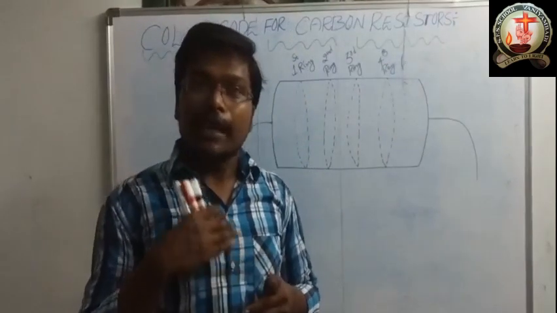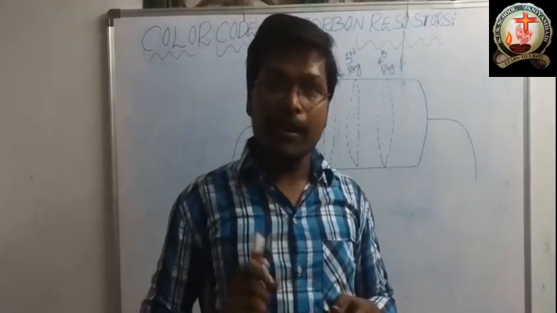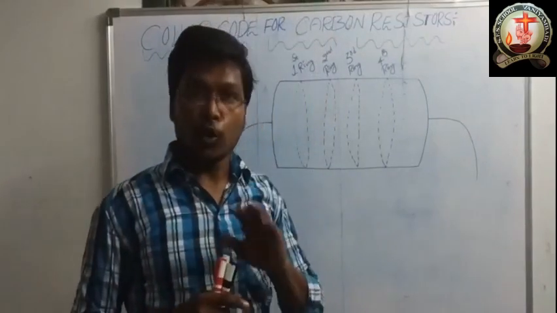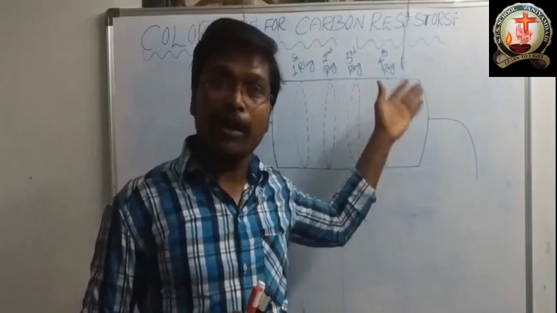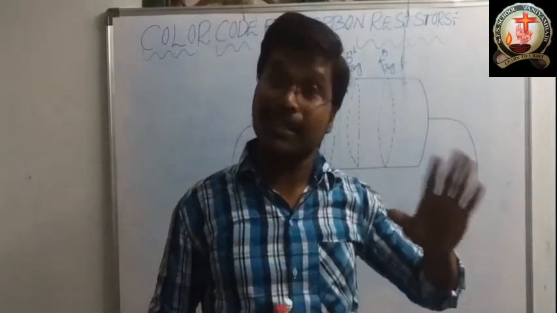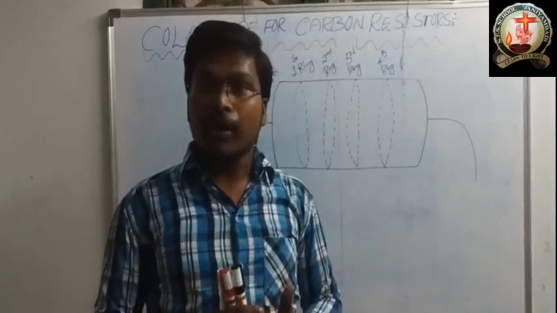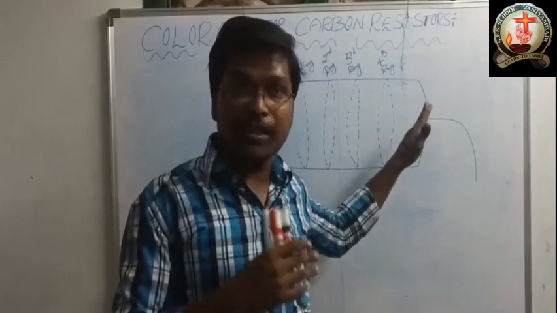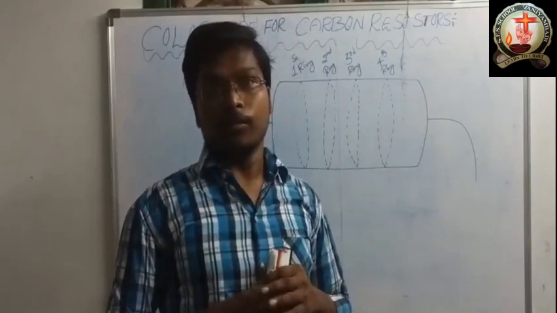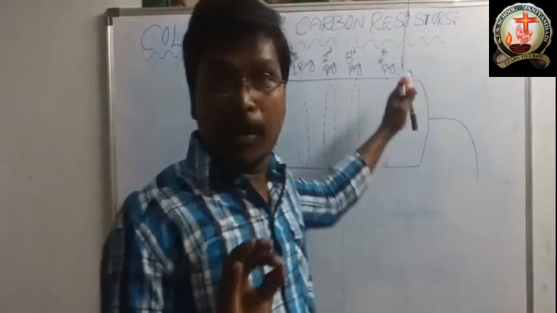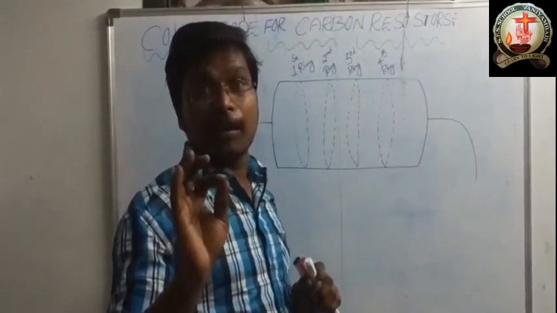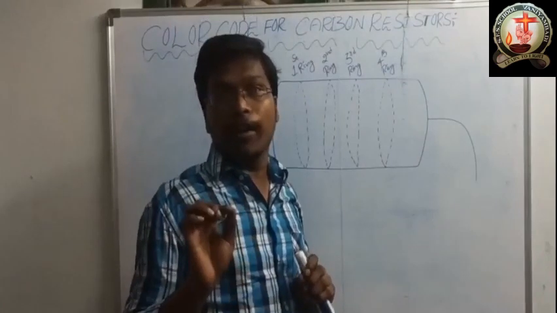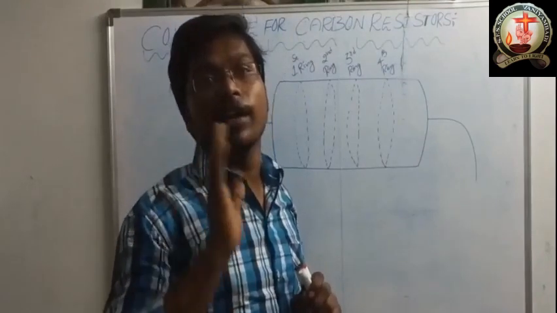Usually each and every carbon resistor has its own resistance value, but we can't find the resistance value of that carbon resistor directly. So remember, each and every carbon resistor has its own resistance value, but we can't find it directly.